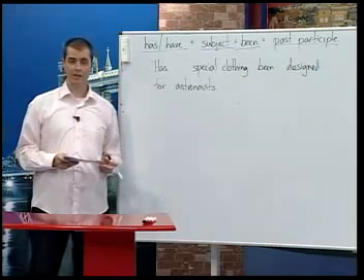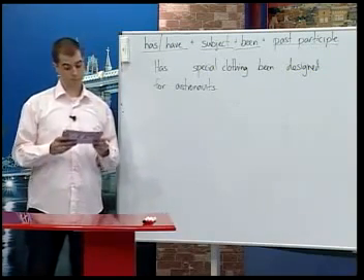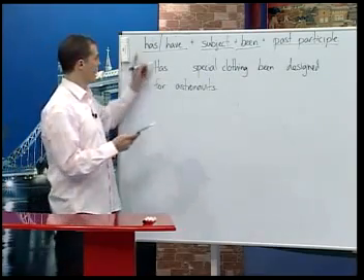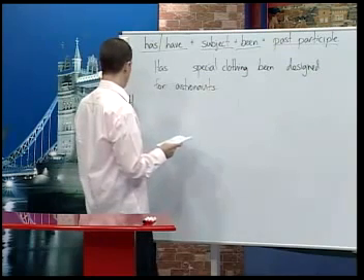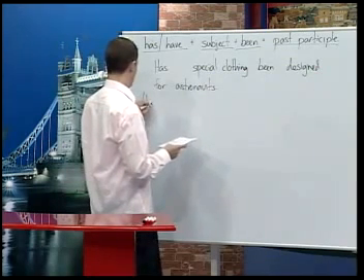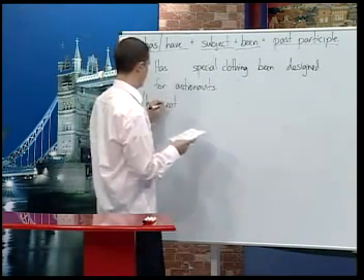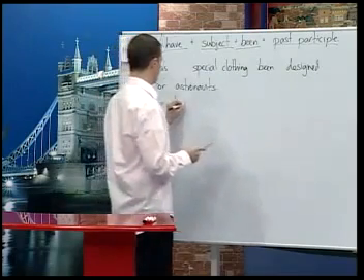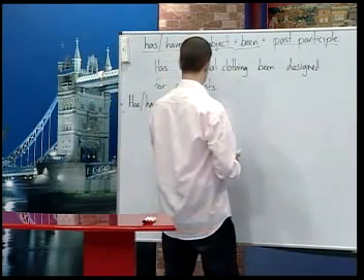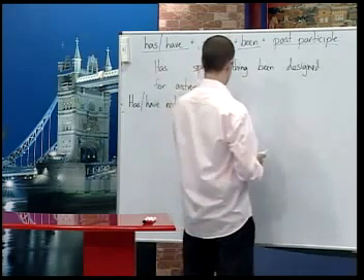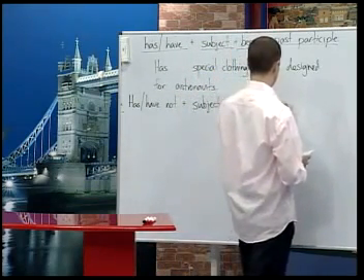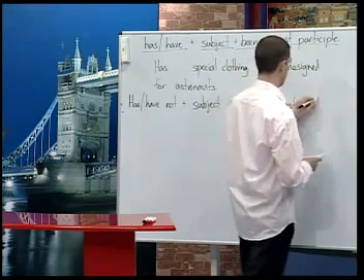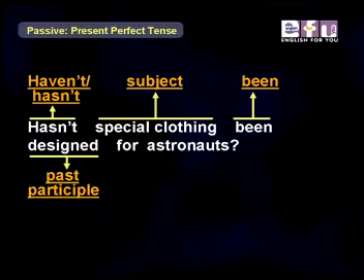And to form a negative yes-no question, we just use has or have not. So has or have not, plus subject, plus been, plus past participle. Okay, hasn't.